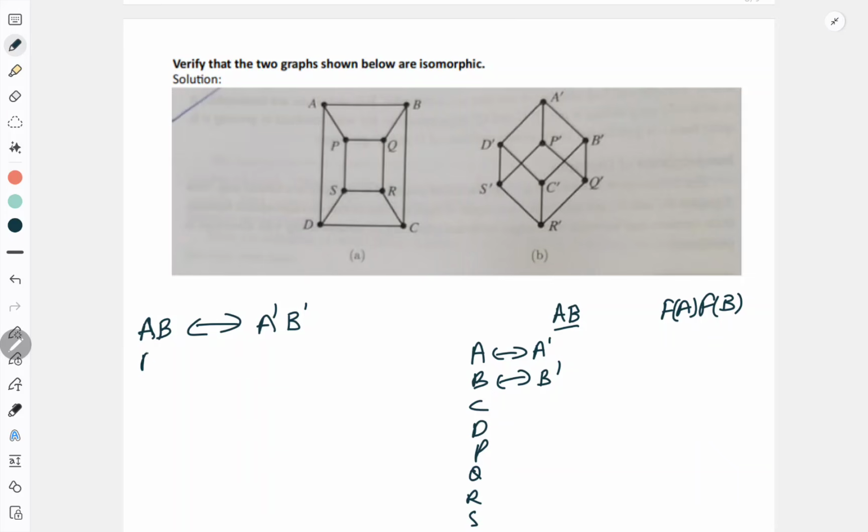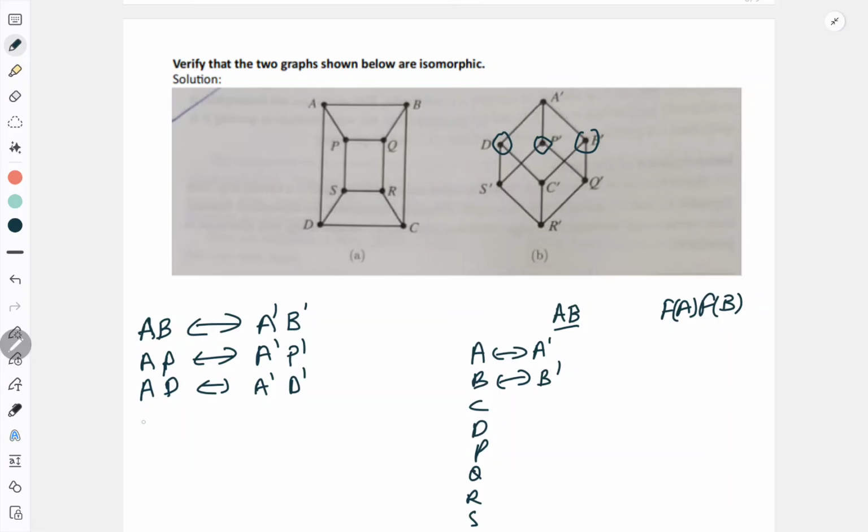A is connected to B, A is connected to P, and A is connected to D also. Now you check A dash is connected to which ones. A dash is connected to P dash, D dash, and B dash. So if you get the same names, you put the same names. So A dash and D dash. If you start writing, quickly you will get all the things.